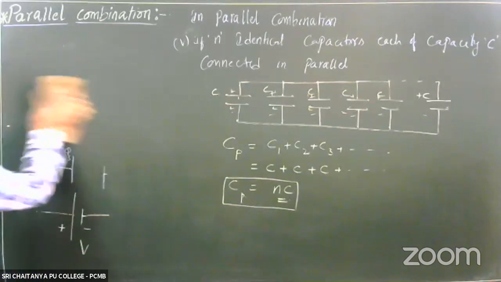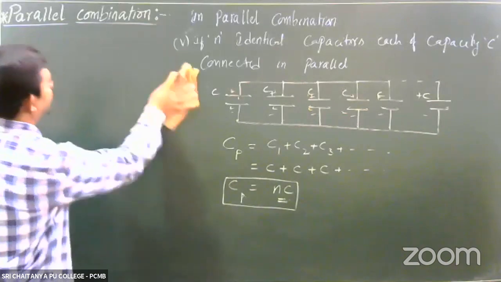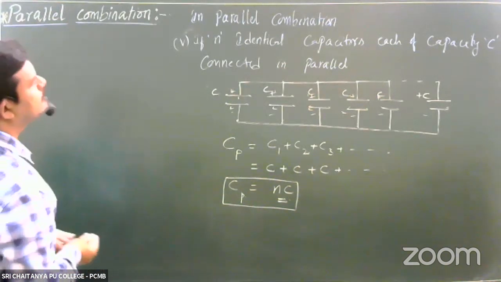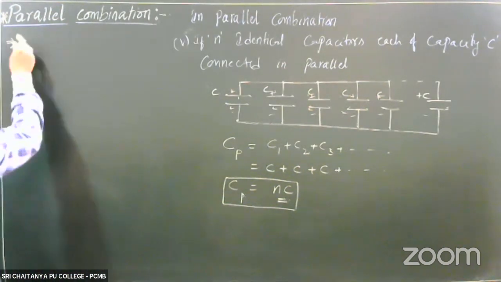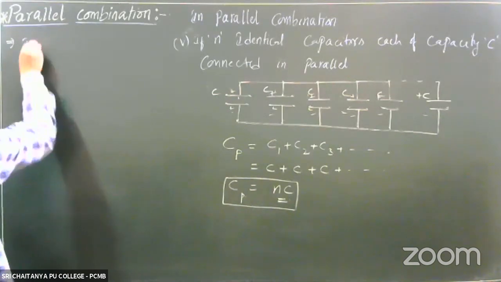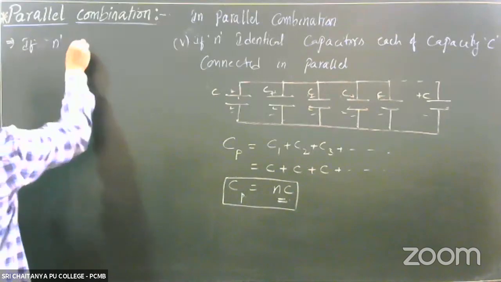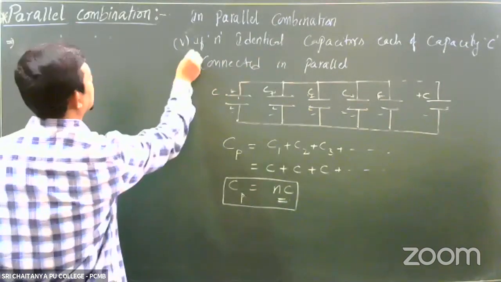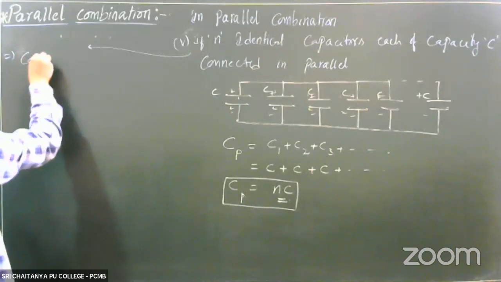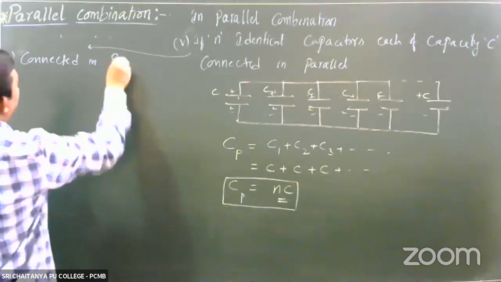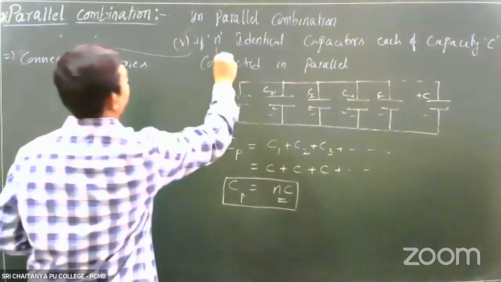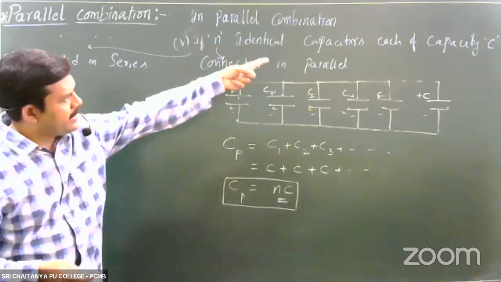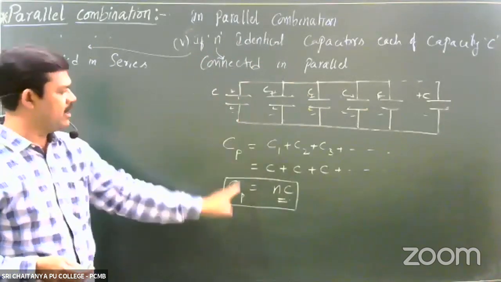So this is about the parallel combination of capacitors. If N identical capacitors, each of capacity C, are connected in parallel, this is the formula.